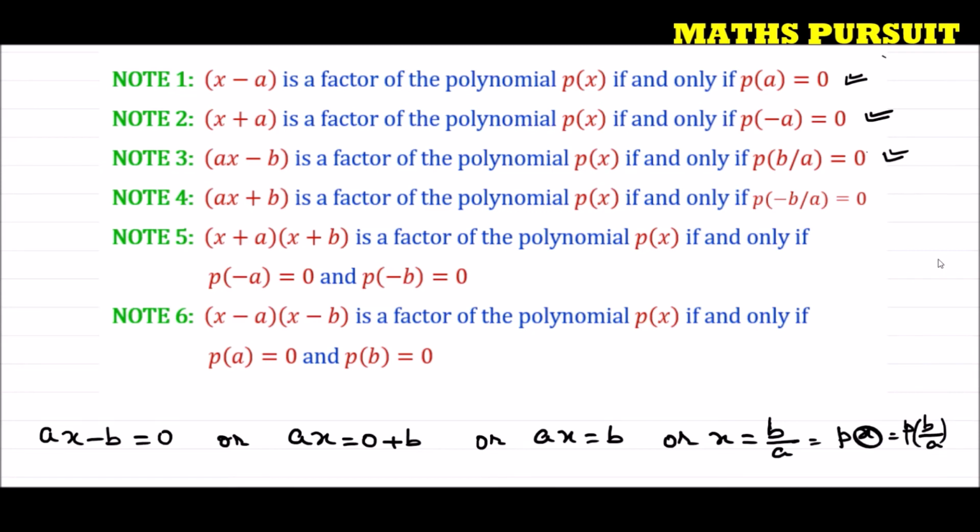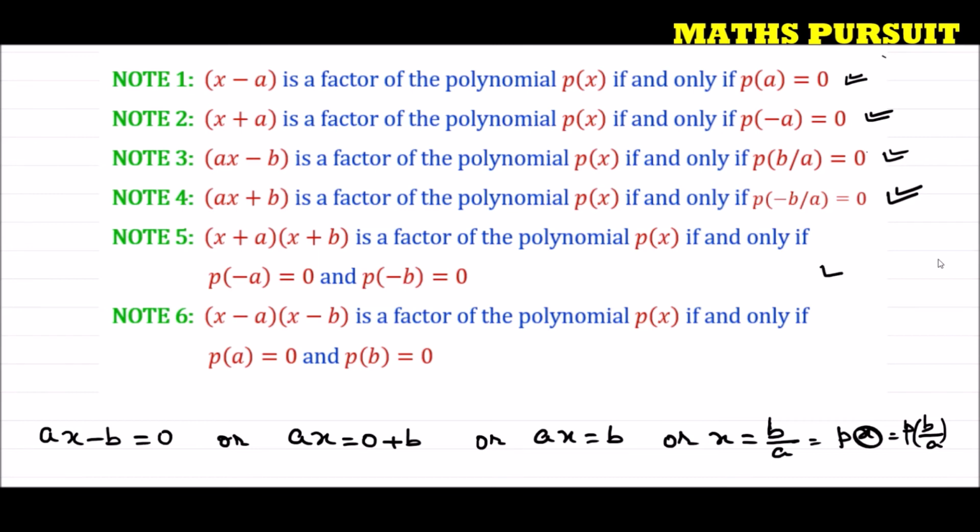So for that reason, as per note 3, ax minus b is a factor of the polynomial P(x) if and only if P(b upon a) is equal to 0. Similarly, ax plus b is a factor of the polynomial P(x) if and only if P(minus b upon a) is equal to 0. Hope you are understanding what I am telling here. These are some concepts we need to understand so that we can quickly apply this factor theorem and solve the given problems.